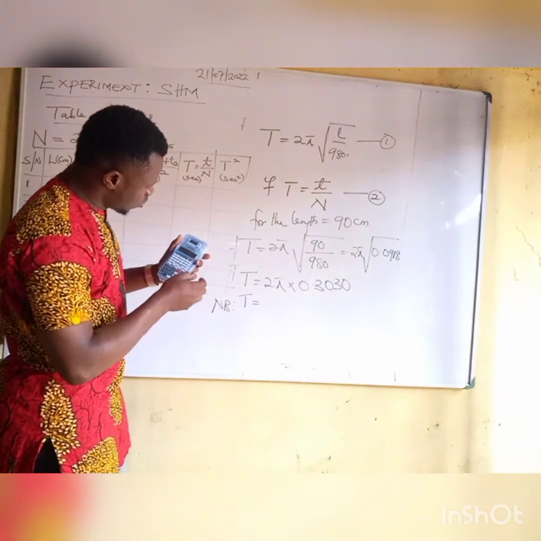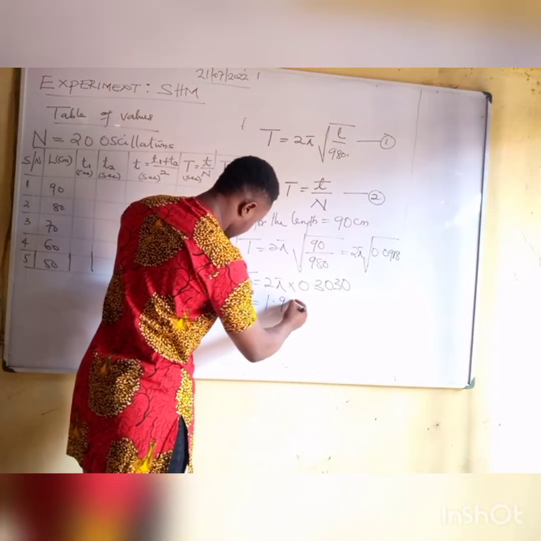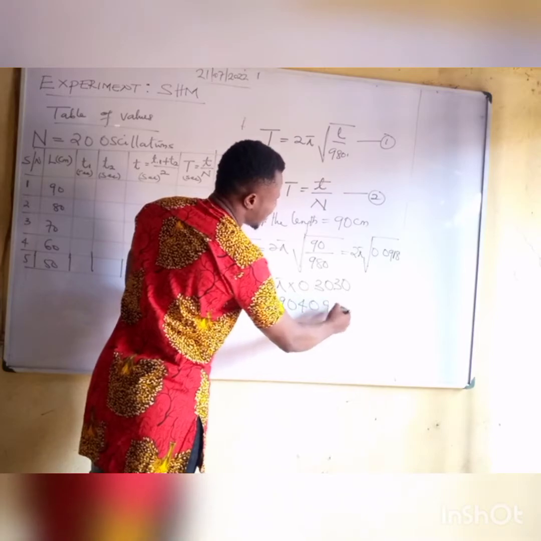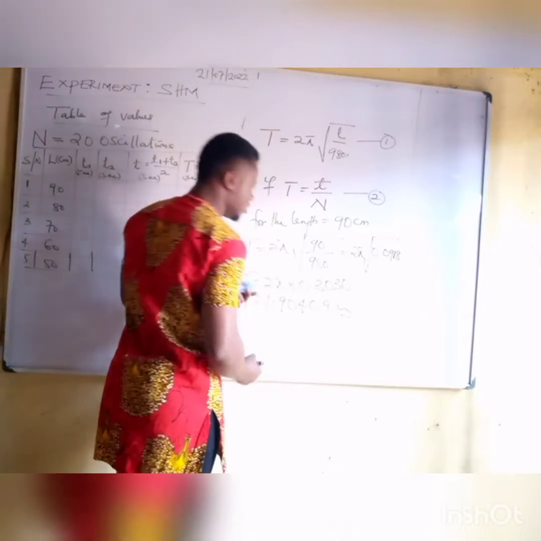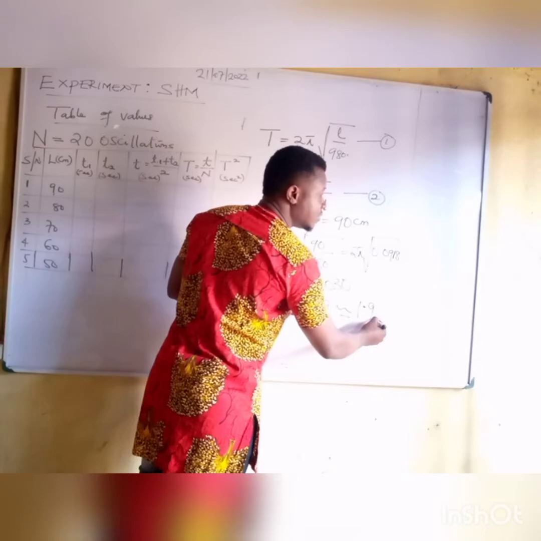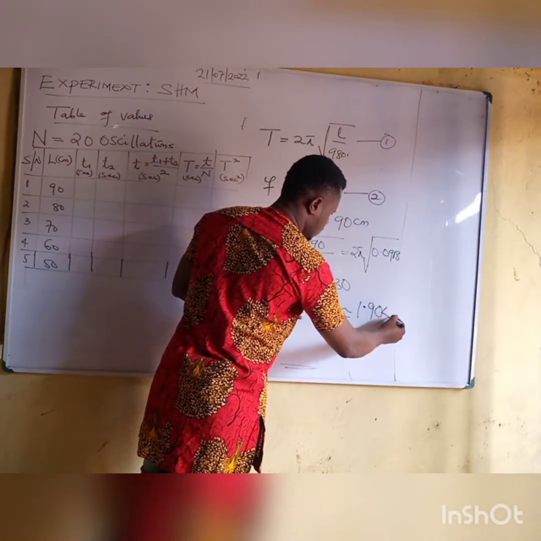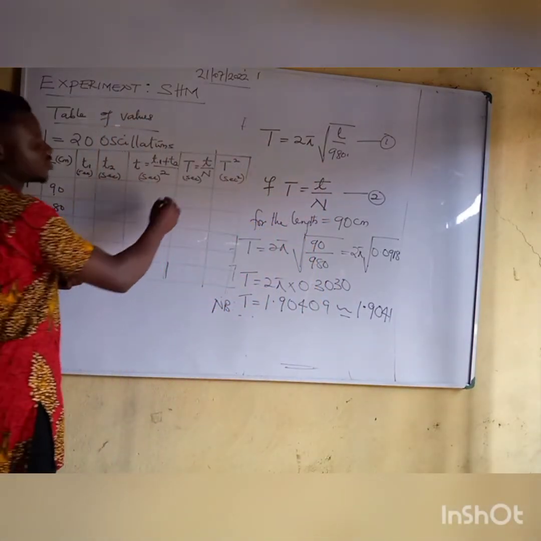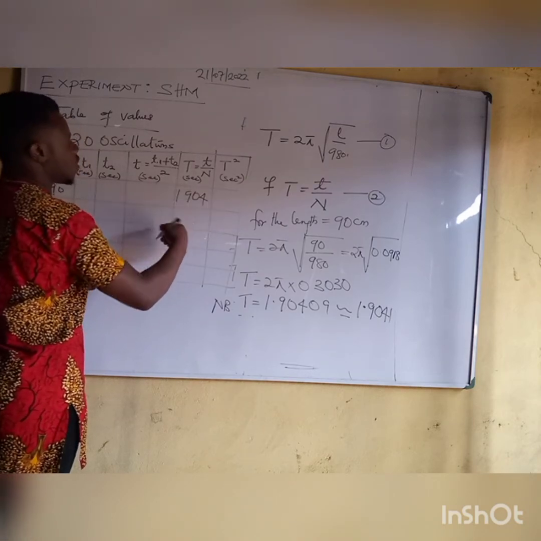When you press equal to, we are going to get 1.90409 and so on. So approximately, our period is 1.9041.